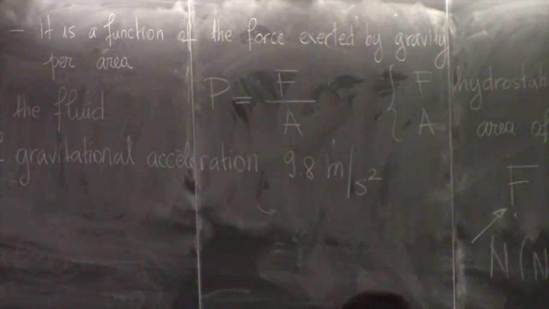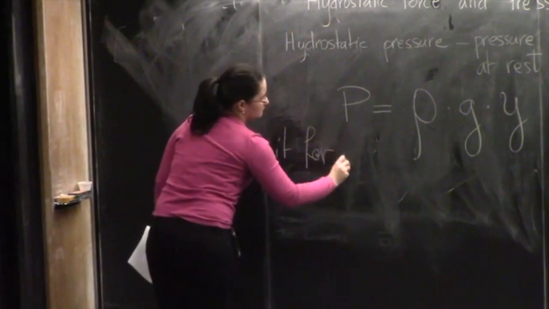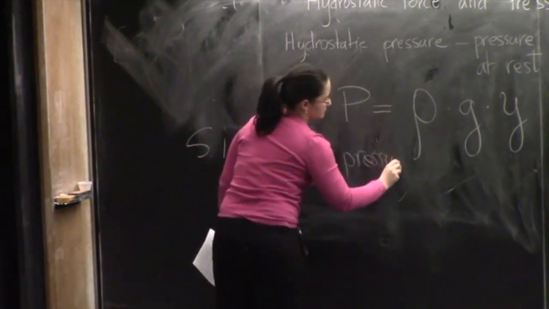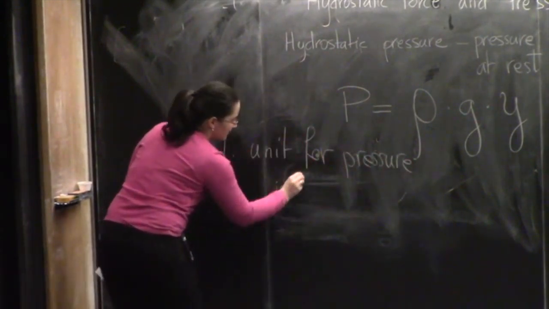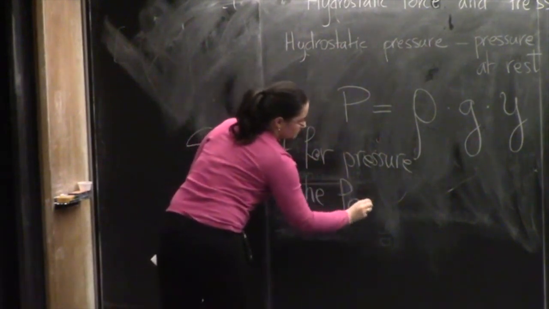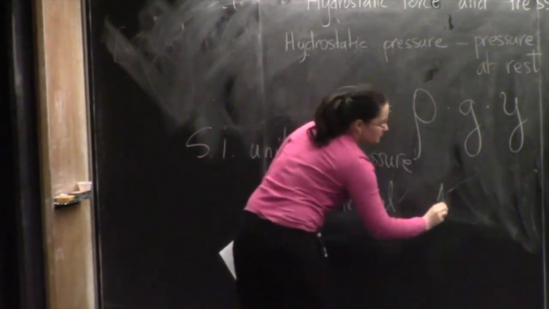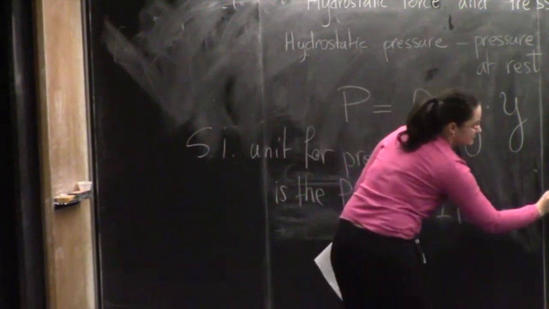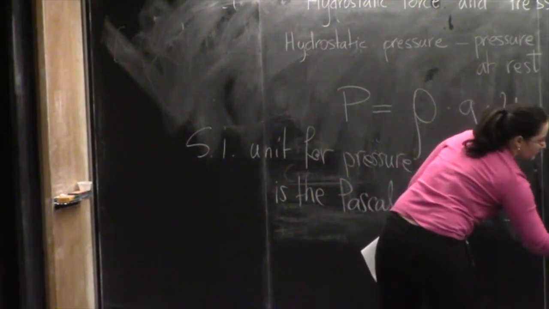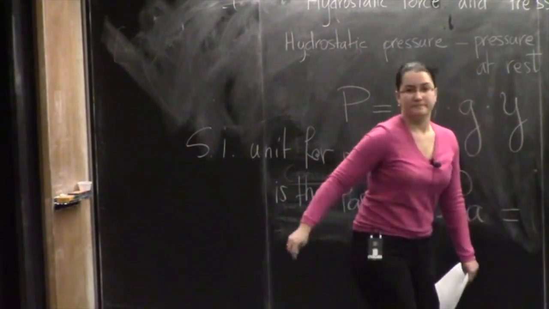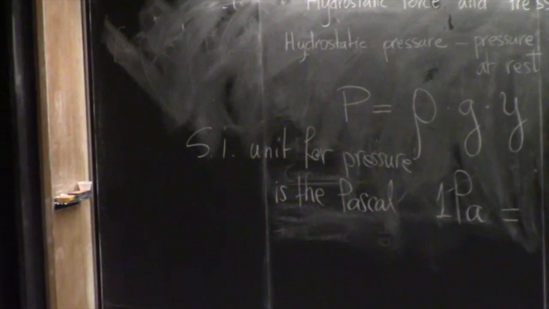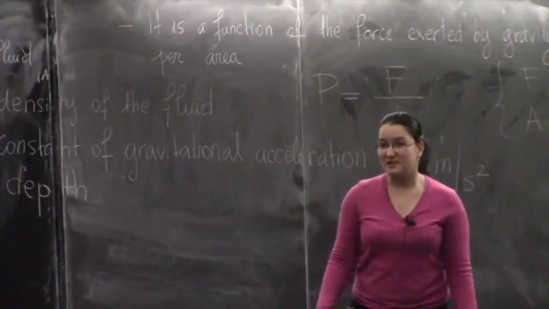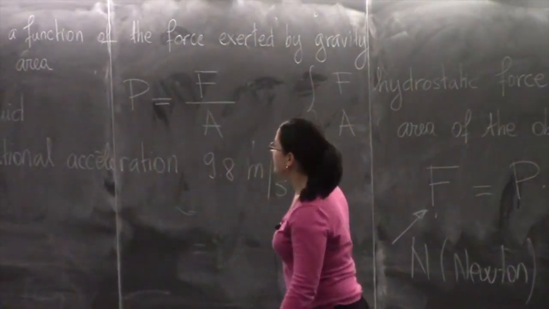So the SI unit for pressure is a Pascal, abbreviated 1 Pa, and this is equal to 1 Newton per square meter. Okay, so this is not a course in physics, so I don't want to stress too much on these ones.